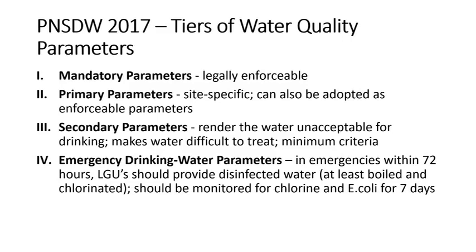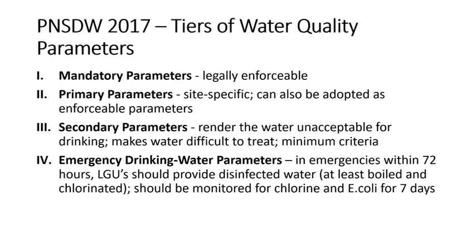And then you also have your secondary parameters. So these parameters just show which contaminants, if they are present, may make the water difficult to treat to make it potable. And last, you also have your emergency drinking water parameters.